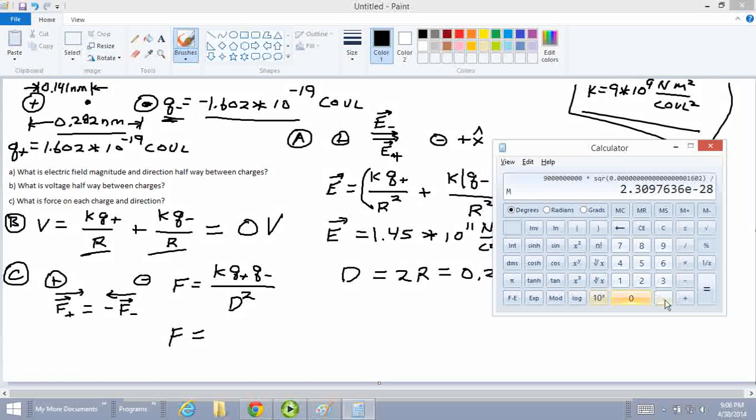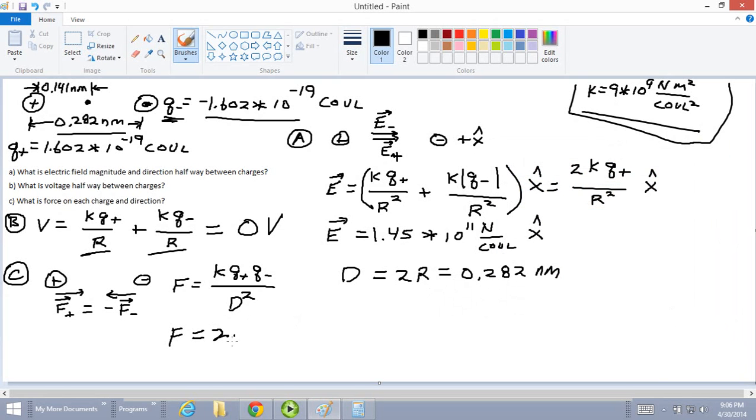D is 0.282 times 10 to the negative 9th meters, and that's squared, equals 2.90 times 10 to the negative 9th. As long as we're consistent with our units, the force would be in newtons.